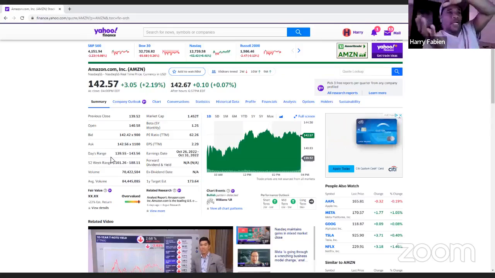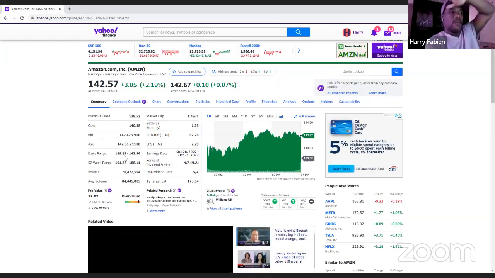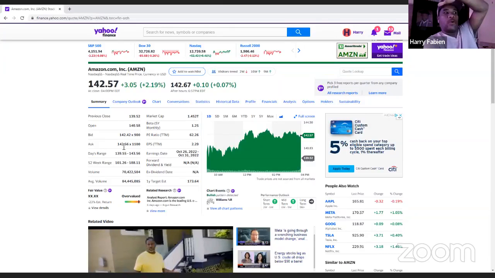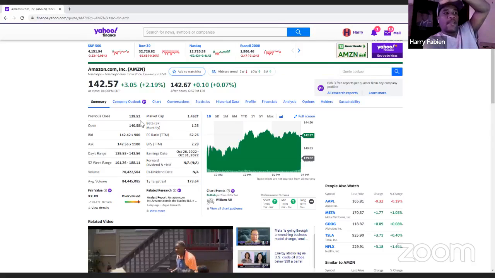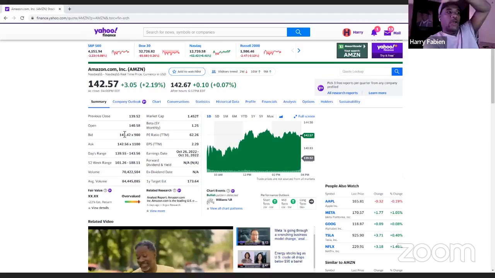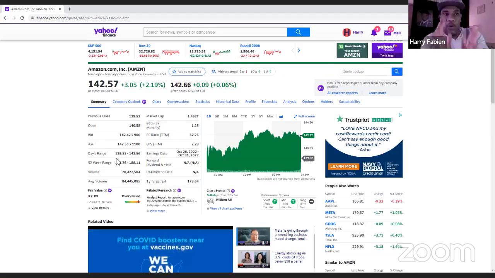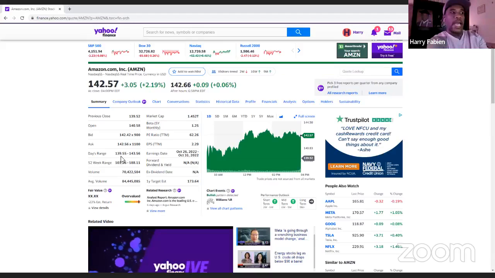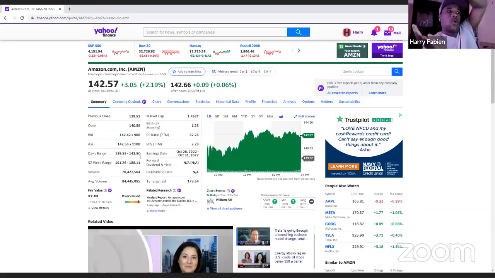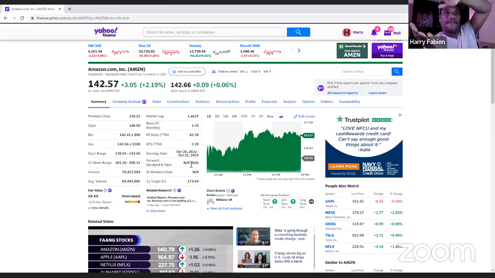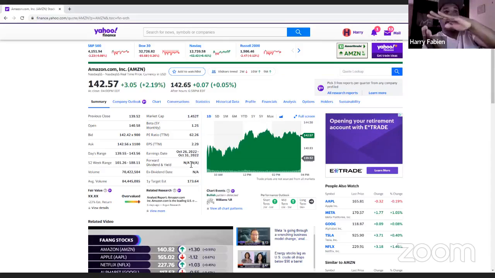So it cannot go under 139. It closed yesterday at 139.52, but today, this morning, it opened at 140.58, and its day range was 139.55 to 142. So you cannot go over 142.56. If it goes over, that means the stock at that time will be overbought.